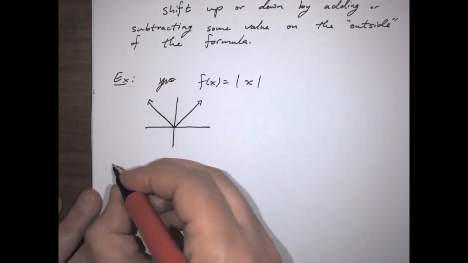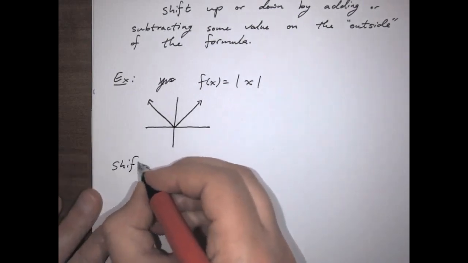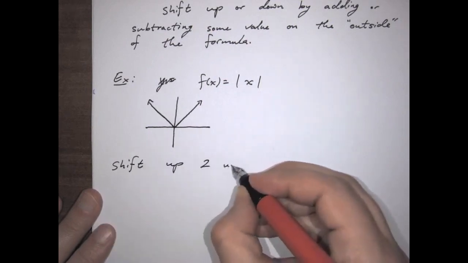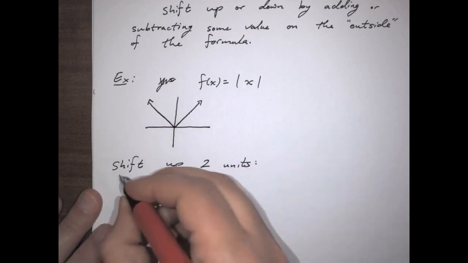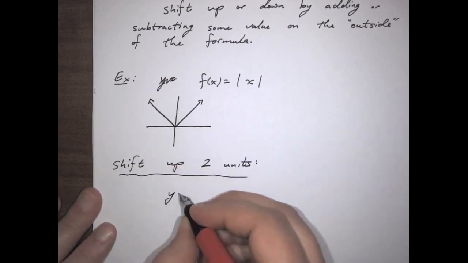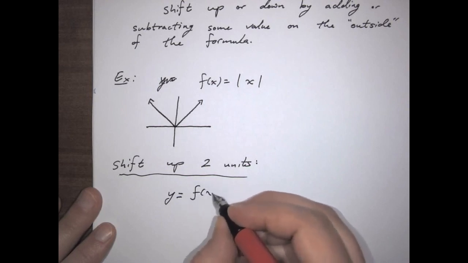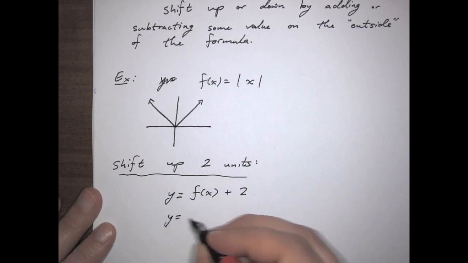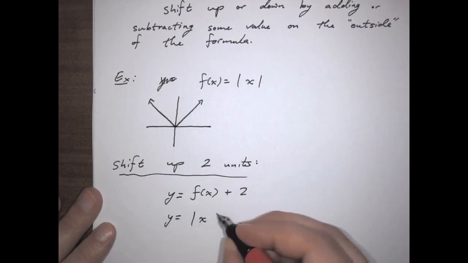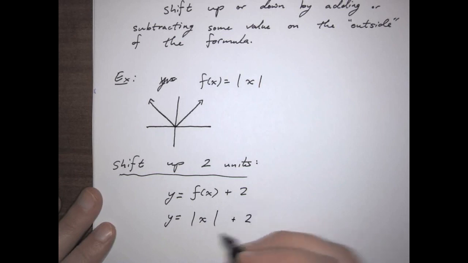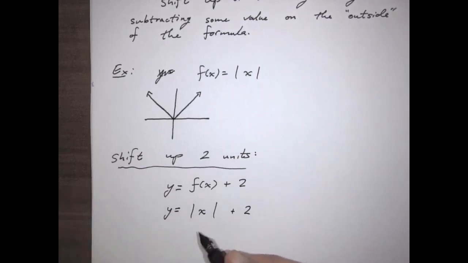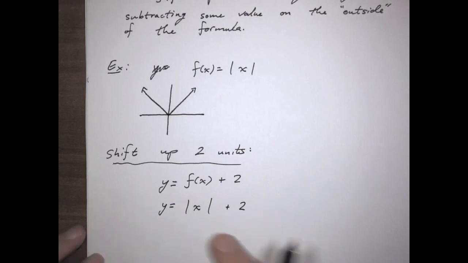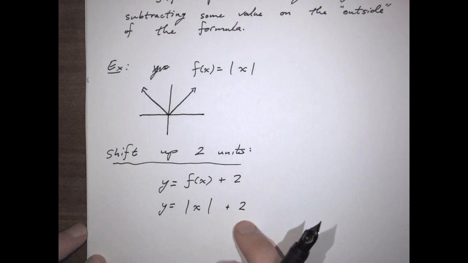So, shift up 2 units. So instead of just y being equal to f of x, it's going to be f of x plus 2. In other words, y is going to equal the absolute value of x all plus 2, and notice this plus 2 is happening outside of the absolute value bars. These absolute value bars are going to be the boundary between what's inside and what's outside.